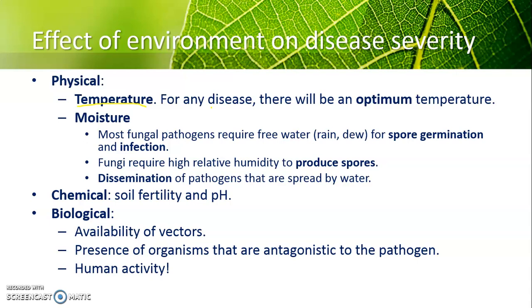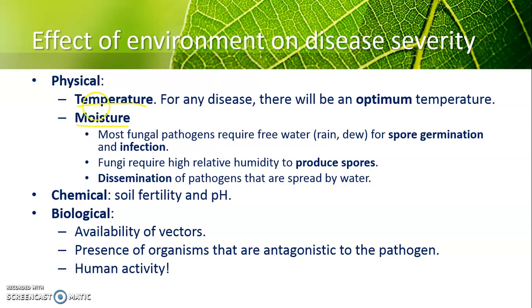If the optimum temperature of the living pathogen is 37 degrees Celsius, and here in Malaysia, our tropical country, the temperature is most of the time 37 degrees Celsius, then it favors the growth of the pathogen. Next one is moisture. Usually for fungi, because fungi love moisture. More moisture, more fungi, more disease, more severe.